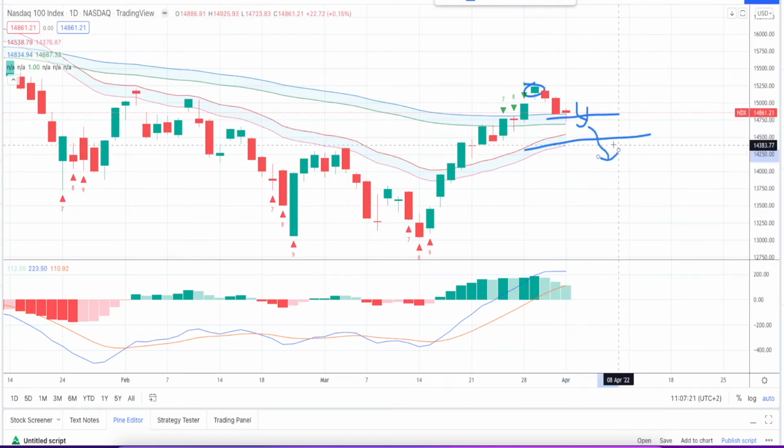I think it is possible for the price to move below both trends. That's why I decided to sell 100% position size here.